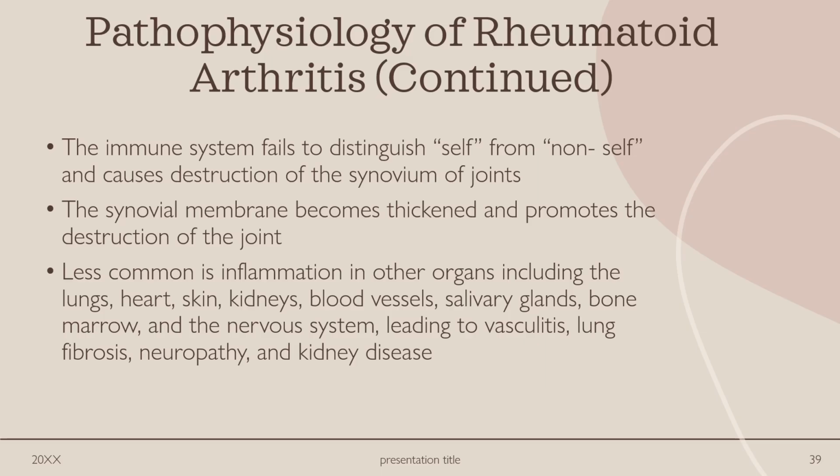The synovial membrane becomes thickened again and promotes the destruction of the joint. Less common is the inflammation in other organs, including the lungs, heart, skin, kidneys, blood vessels, salivary glands, bone marrow, and the nervous system, leading to vasculitis, lung fibrosis, neuropathy, and kidney disease.